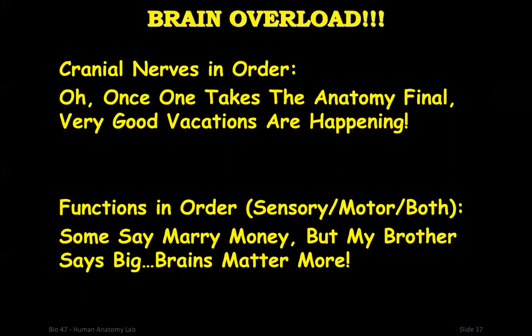So if you can remember, "Oh, once one takes the anatomy final, very good vacations are happening," you'll know the first letter of all the cranial nerves in order: olfactory, optic, oculomotor, trochlear, trigeminal, abducens, facial, vestibulocochlear, glossopharyngeal, vagus, accessory, and hypoglossal.